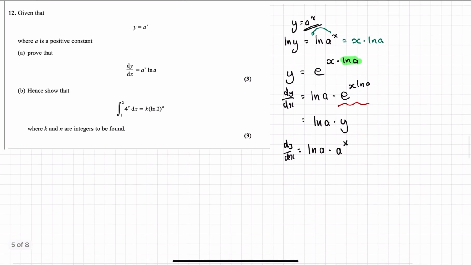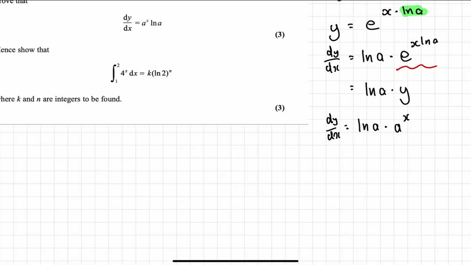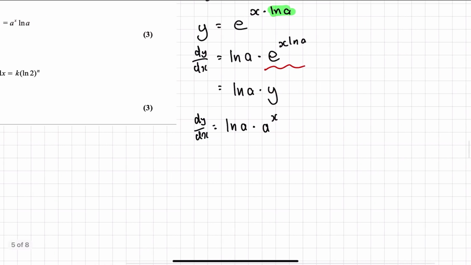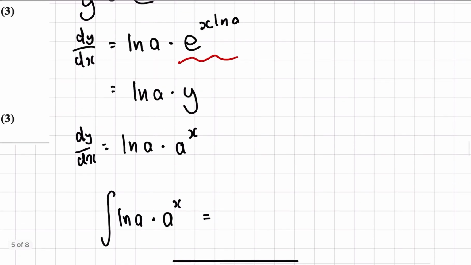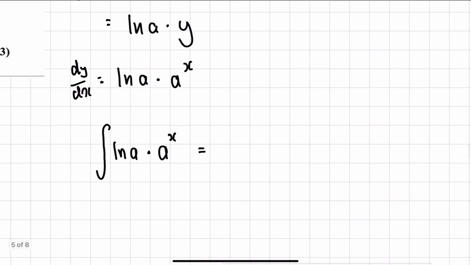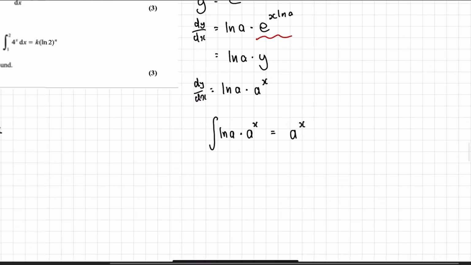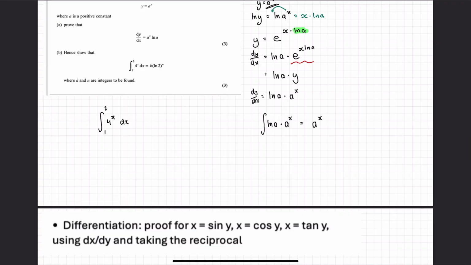Right, let's do the following here. So we're going to do the integral. We want to integrate 4 to the x dx from 1 to 2. Well, what this is telling me here is if I integrate natural log a times a to the x, I'm going to get what we started with, a to the x. Fantastic. So for the sake of my question, I'm going to replace a with 4.